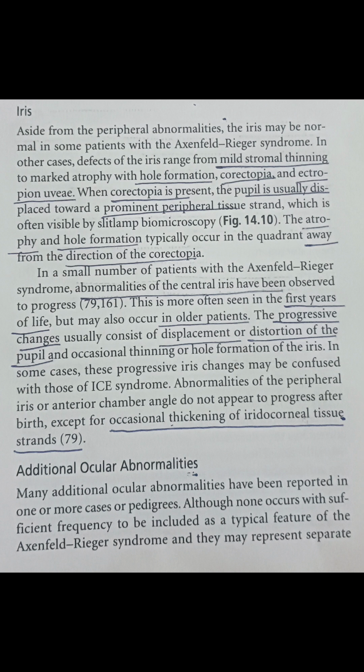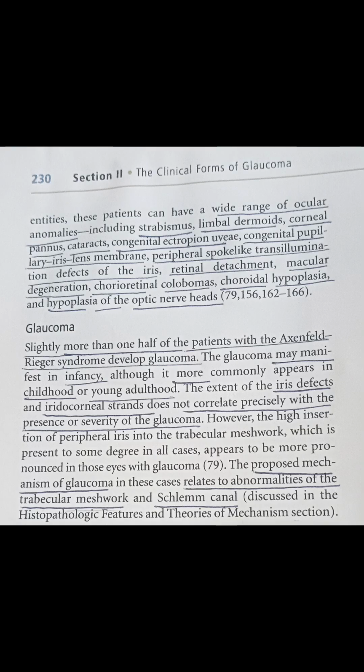Additional ocular abnormalities in Axenfeld-Rieger syndrome. Many additional ocular abnormalities have been reported in one or more cases or pedigrees, although none occurs with sufficient frequency to be included as a typical feature of the Axenfeld-Rieger syndrome, and they may represent separate entities.